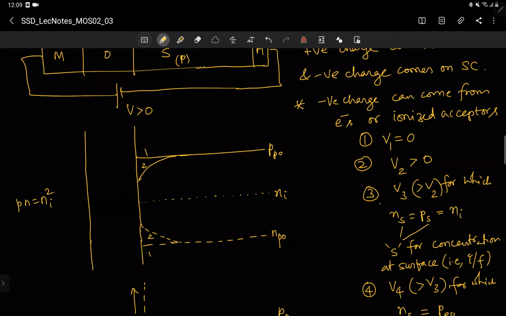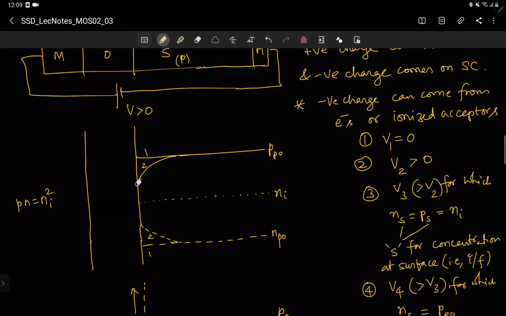Now case 3 is for V3 greater than V2. So we are increasing the voltage further beyond V2, and in that case Ns and Ps are equal to ni. So this S stands for surface. Ns and Ps mean concentration at the surface.